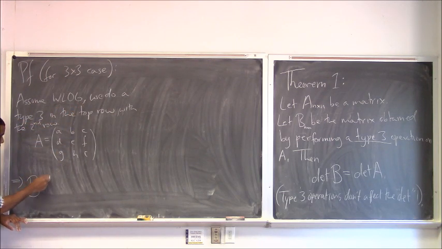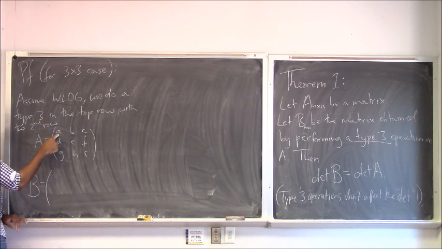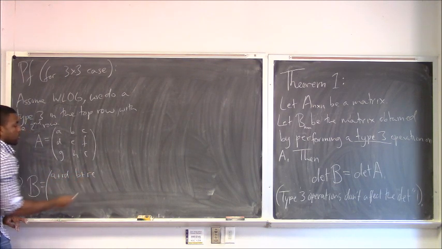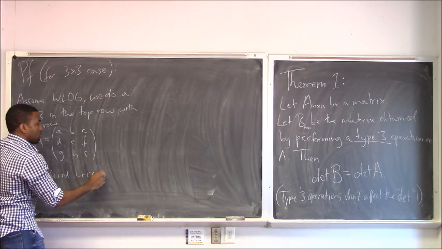So my B will be this matrix. I'm going to change the first row by taking itself plus a multiple of another row, where R is the multiple of the row I'm taking.